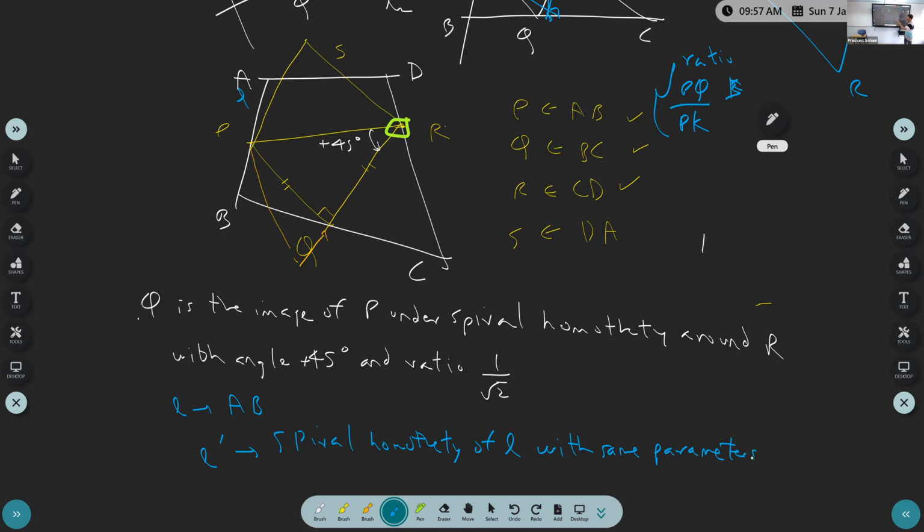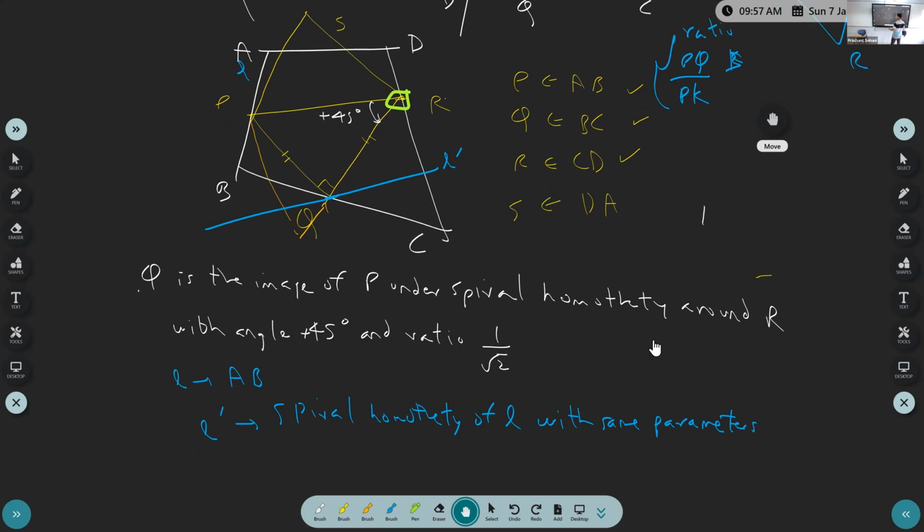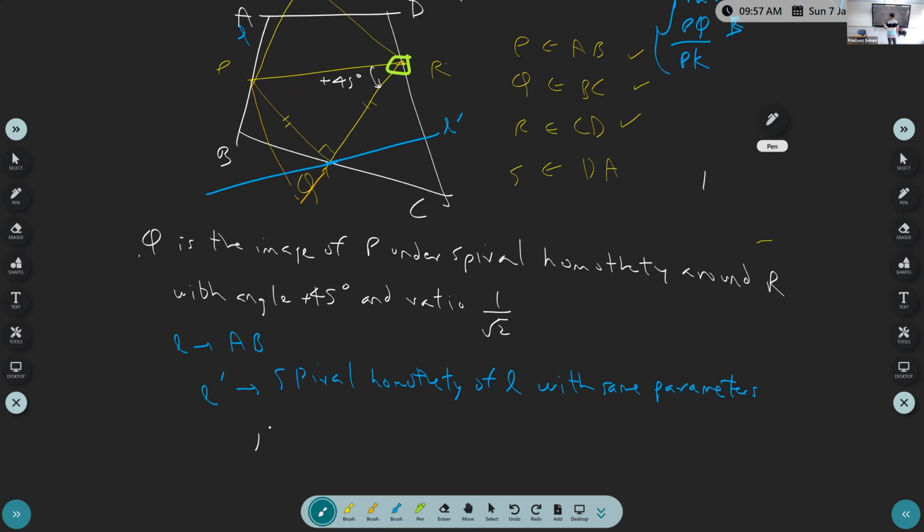So parameters mean everything is the same. So under the same spiral homothety, L will become some line L dash. And wherever L dash intersects my third side, the BC, that intersection will have to be the point Q. So that is how I can obtain point Q, and once I obtain point Q, I can complete the square, right?